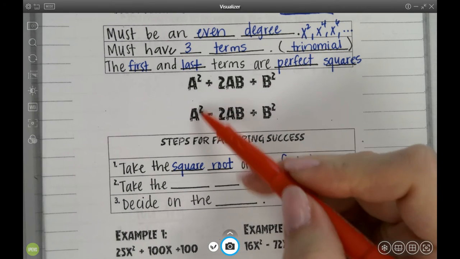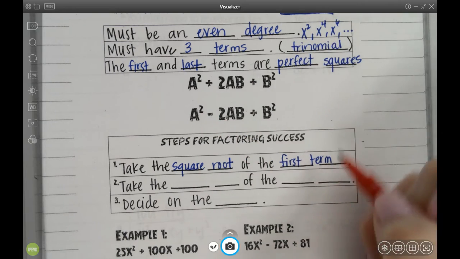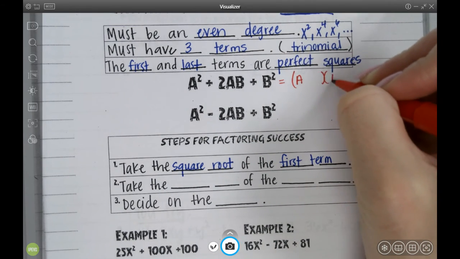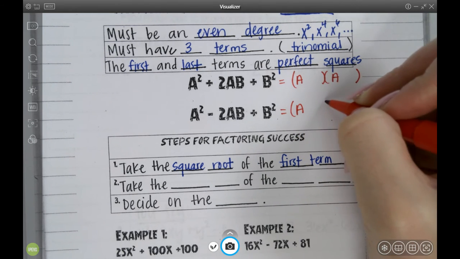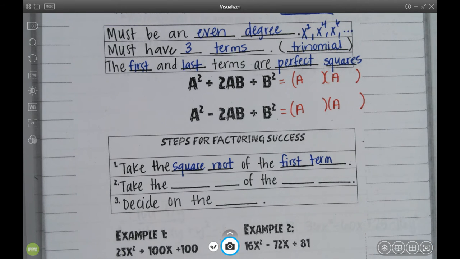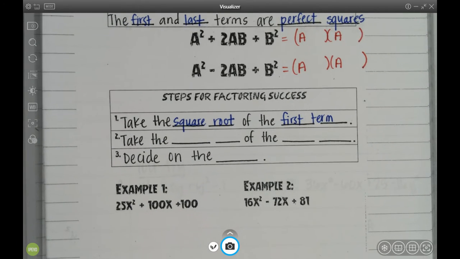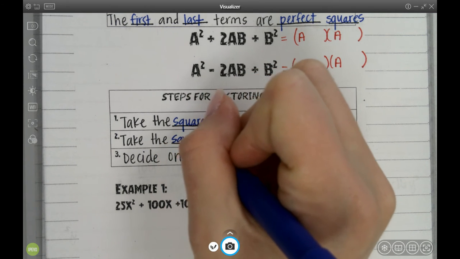So for both of these, what's the square root of a squared? A. That's going to go first in your parentheses. And you're going to take the square root of the last term.